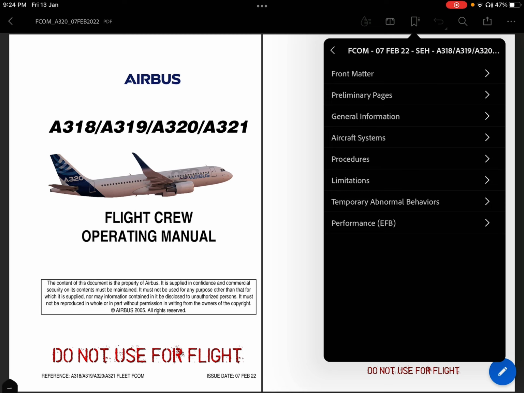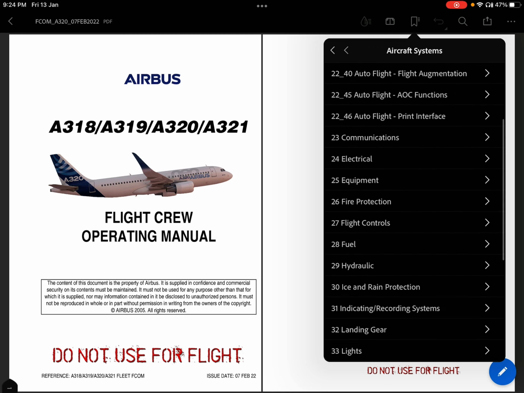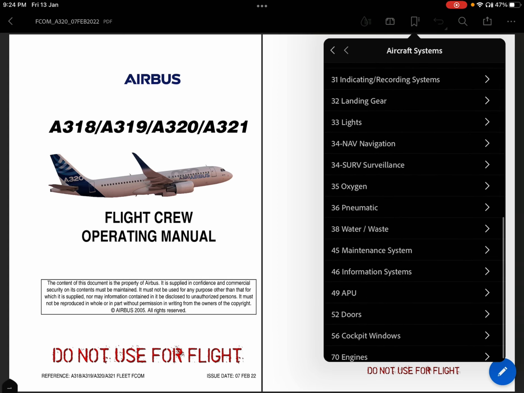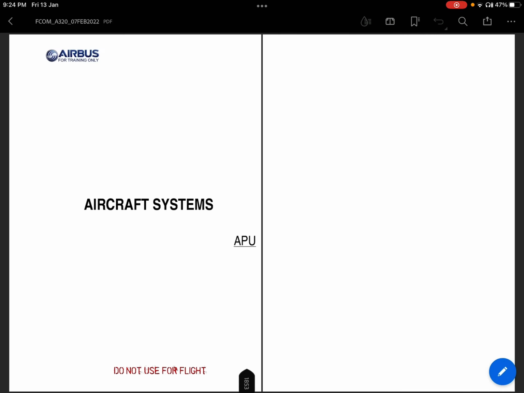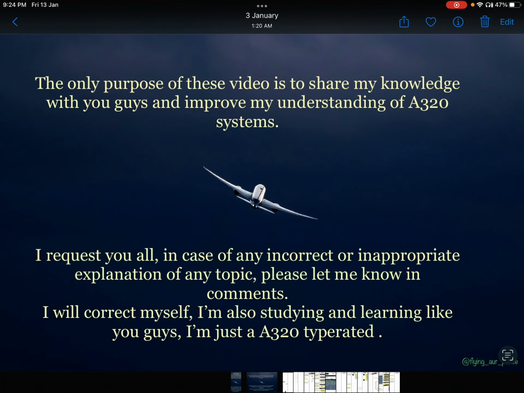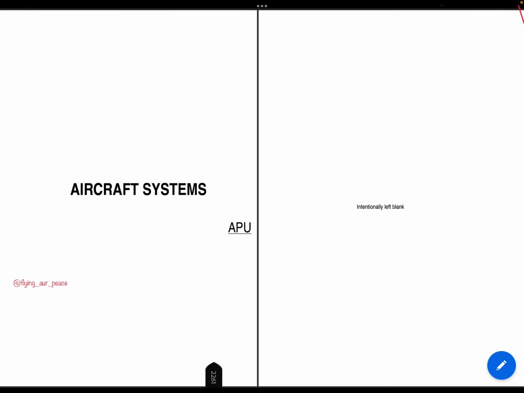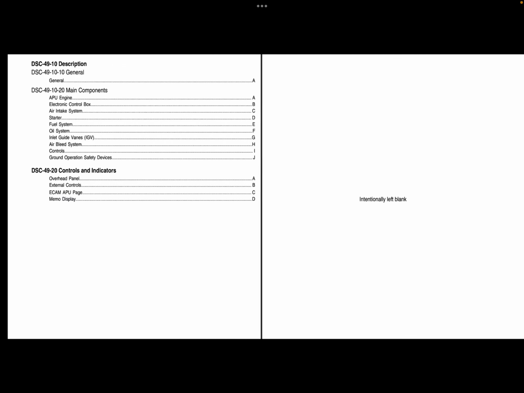So we will be studying APU from FCOM. We will go to the systems, and then 49 is APU. So we will study from my notes. APU systems, aircraft system, APU. The very next slide in FCOM is the description of APU. We will discuss the ECB, electronic control box.